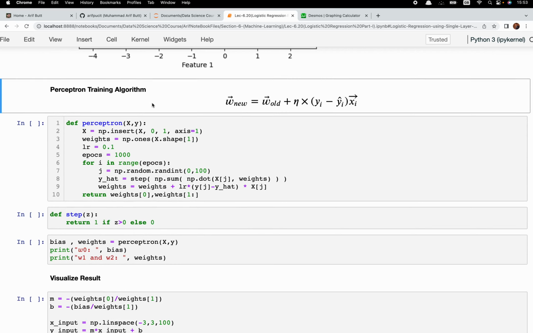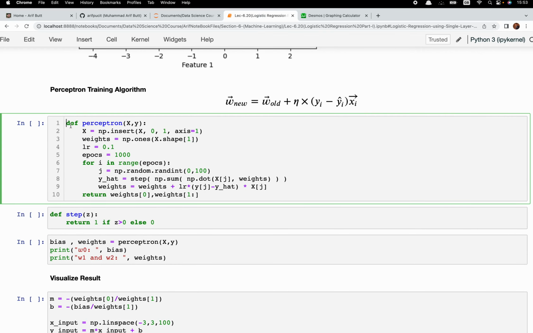Okay, let me now describe this actual piece of code which I have written inside a function named Perceptron. And we are actually going to update the weights using this formula mentioned over here.